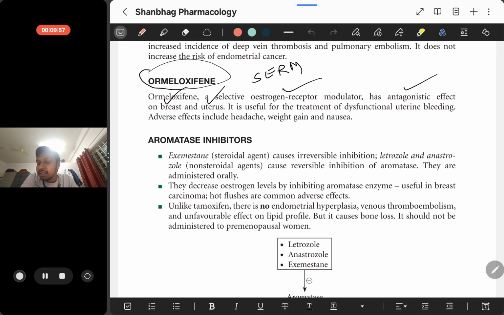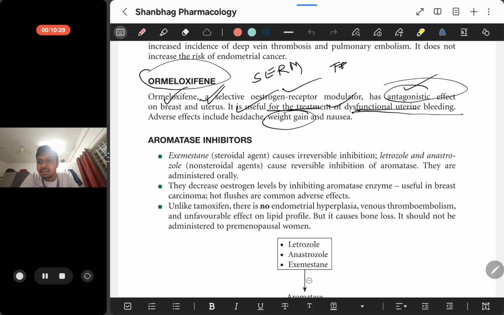There we saw agonistic effect. Since it has an antagonistic effect on both the breast and uterus, it is useful for the treatment of dysfunctional uterine bleeding. Since it acts in the uterus, it treats dysfunctional uterine bleeding. Adverse effects are commonly headache, nausea, and weight gain. This is only used for treating the breast and uterus.